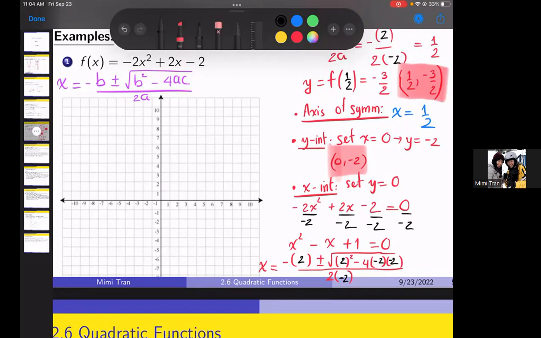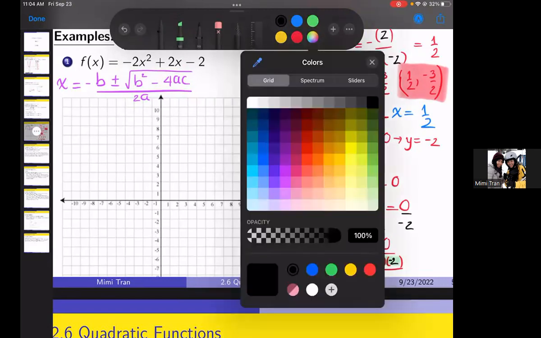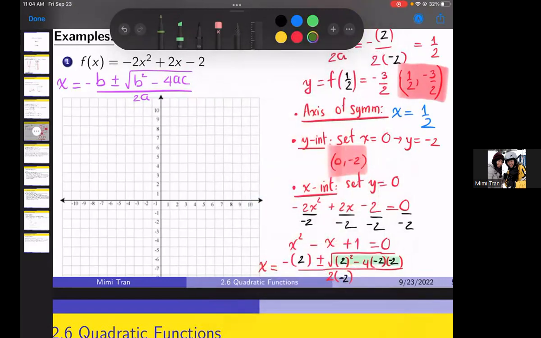It will be a complex number. So let me do this. So that is an imaginary number.